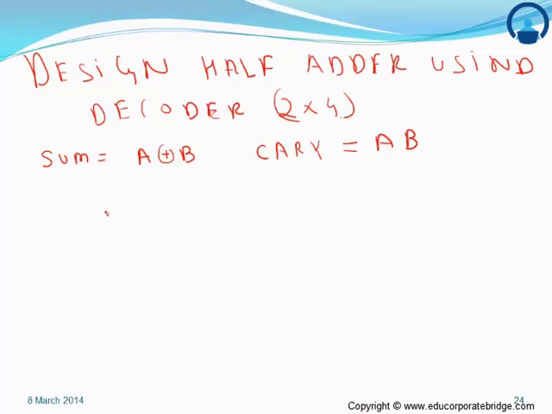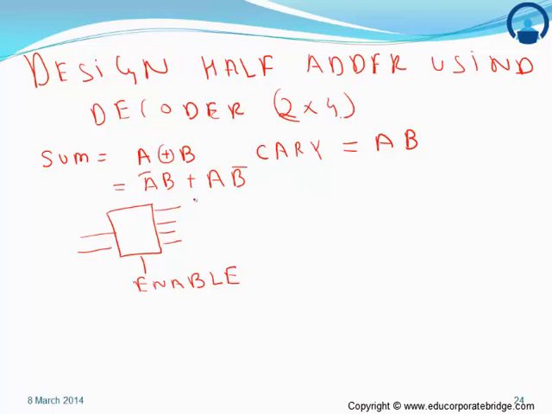Therefore, the half adder should be such that there are 2 inputs, 4 outputs, 1 enable line. So the half adder should have the equation A XOR B, or A bar B plus AB bar.